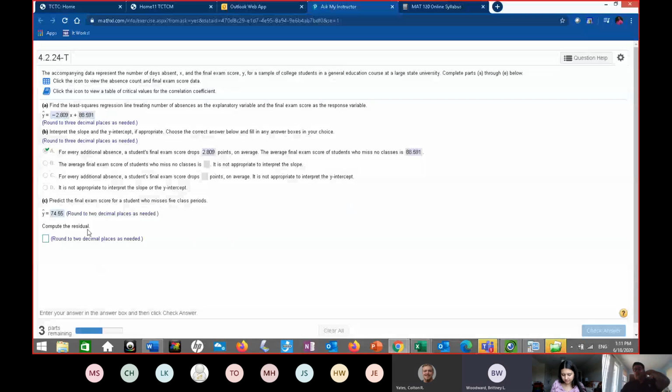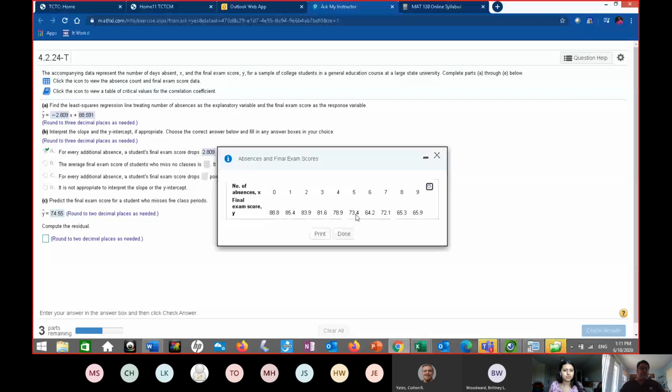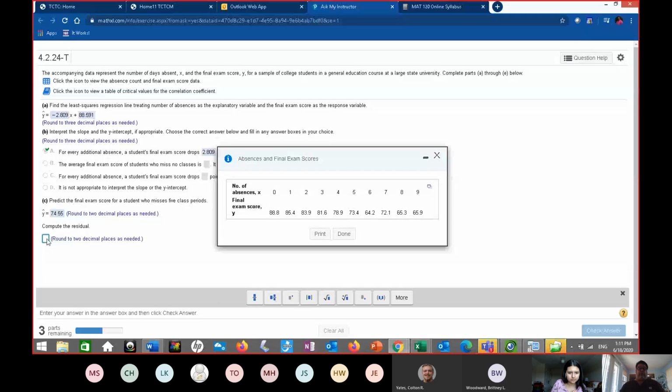Compute the residual. Look at your chart. Subtract 73.4 from 74.55. I got 1.15.